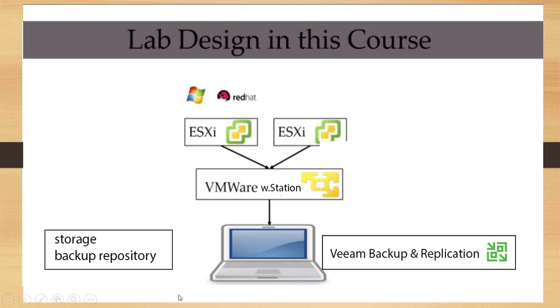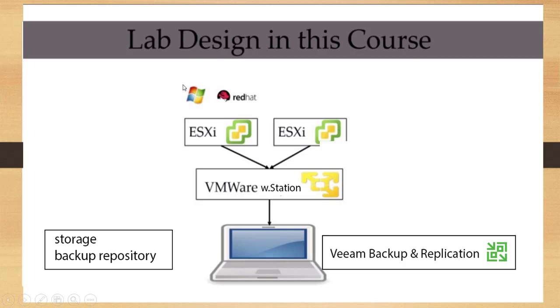Basically, I have a laptop on which I installed Veeam Backup and Replication version 11, which is the latest version of Veeam. On top of that, I have installed a virtualization hypervisor called VMware Workstation 16, which is also the latest version. On top of that, I have installed VMware ESXi Hypervisor 7, which is also the latest version of the hypervisor.